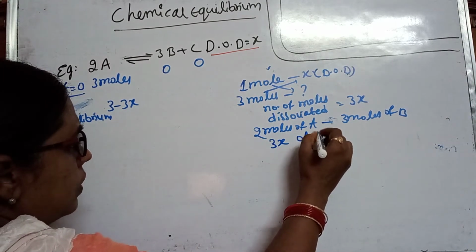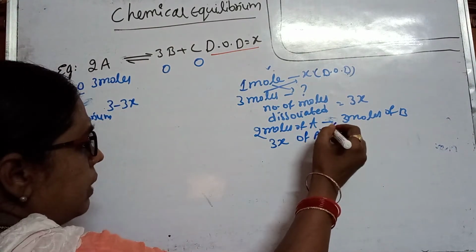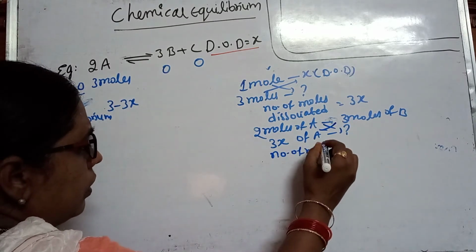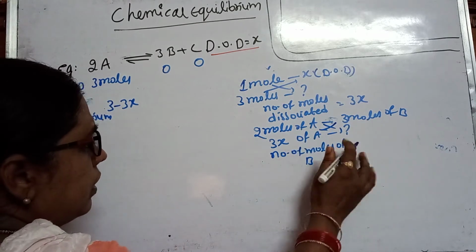For 3x moles of A, how much B? Again by cross multiplication we get the number of moles of B.